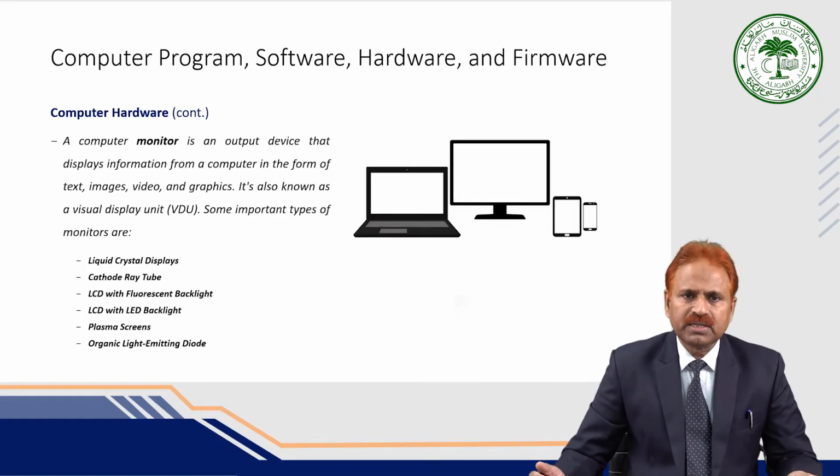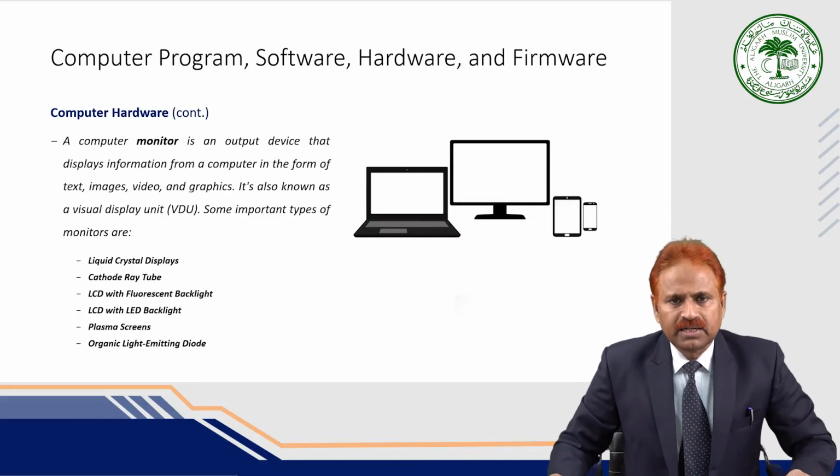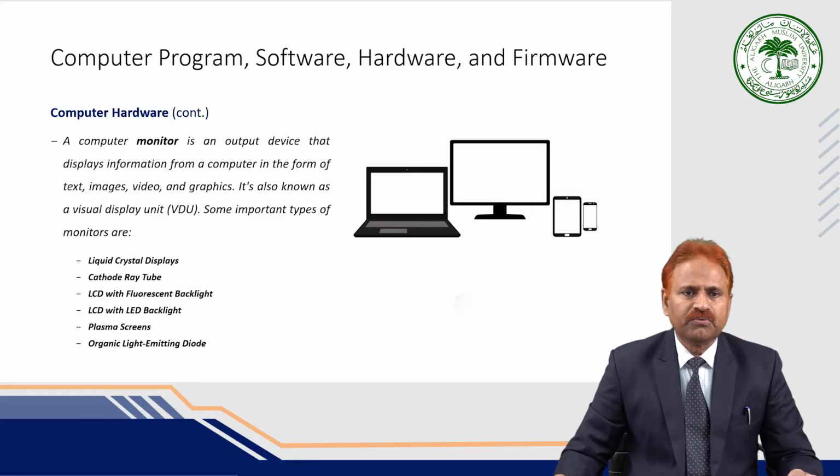A computer monitor is another example of computer hardware and is an output device that displays the information from a computer in the form of text, images, videos and graphics. It is also known as a visual display unit, or in short, VDU.